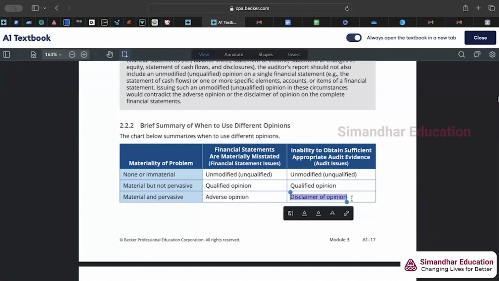If you're saying that, then how are you saying there's an adverse opinion? Do you understand why disclaimer is superseding adverse opinions? Do you guys understand?